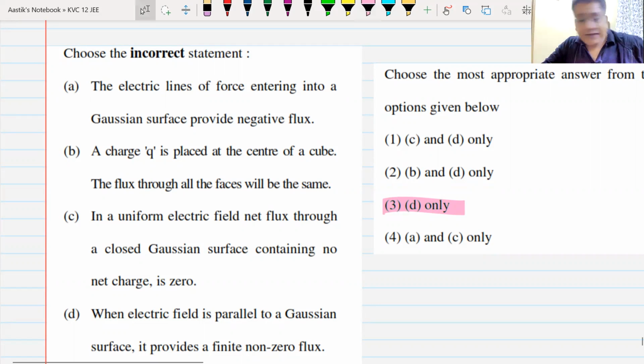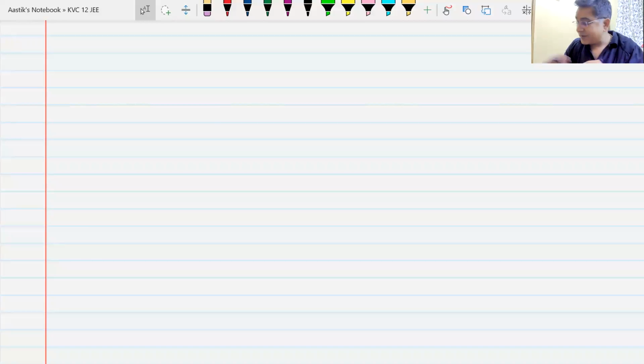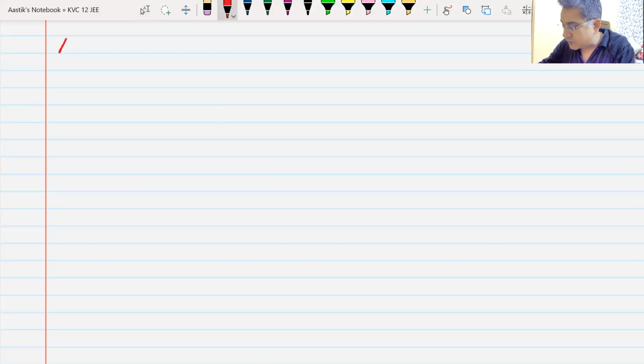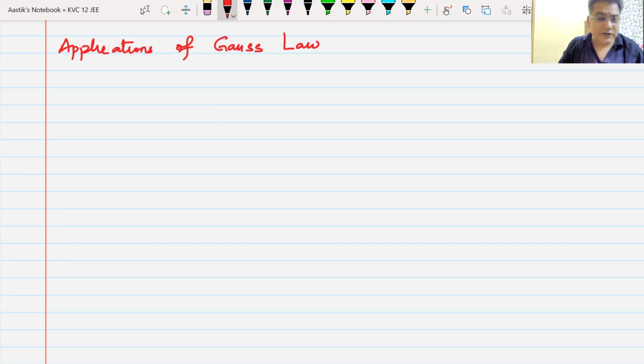Chalo. On that note, we can move on to the next topic, and the next topic is application of Gauss law. We have already seen one application of Gauss law, in which we had seen that Gauss law can be used to find out the flux through any closed surface.